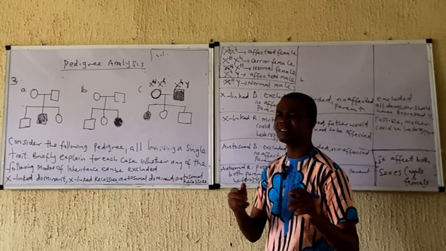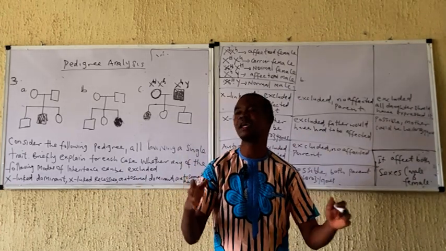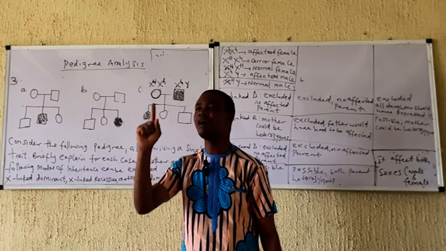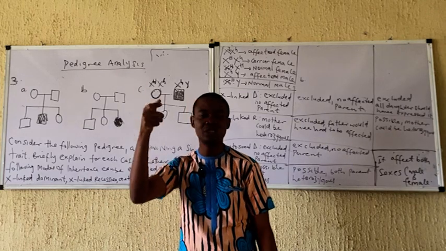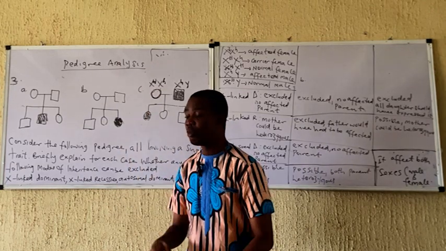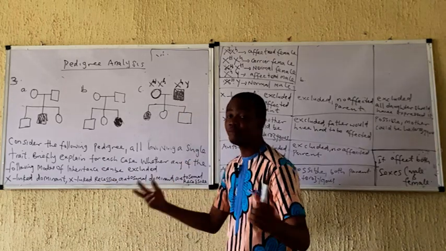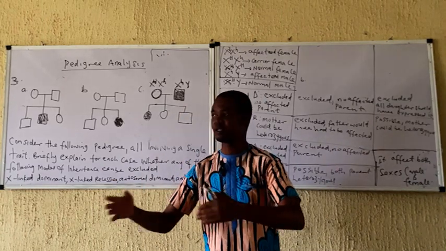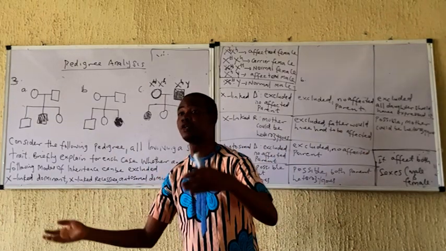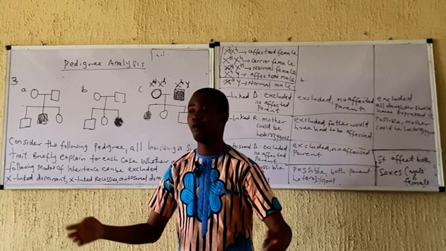So with X-linked characters, there is nothing like heterozygous for a male. Either he has it or not, because he only has one X. But the female individual has two X, so she can be heterozygous, homozygous for the trait, or homozygous normal.